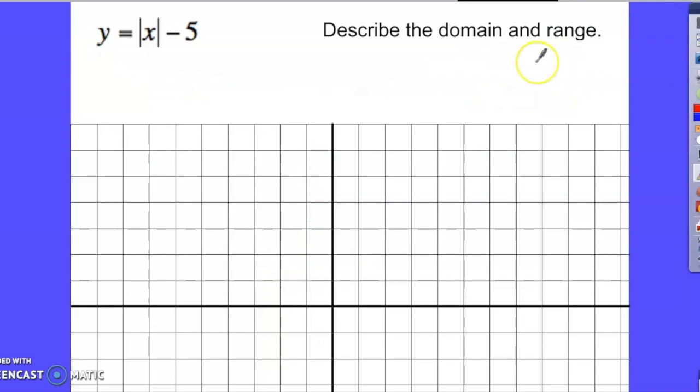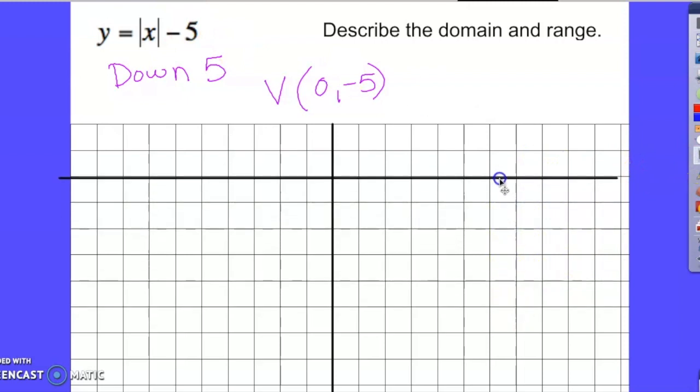So let's try this one. Watch as I go through and do my steps. First thing I have to do is figure out my transformations. So our vertex here is going to be at 0, negative 5 because the only transformation we have is down 5. So I'm going to go ahead and move my x-axis up so that I can graph this.